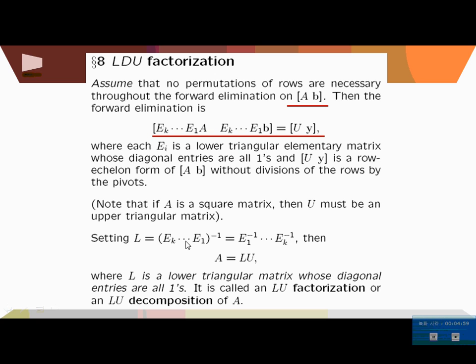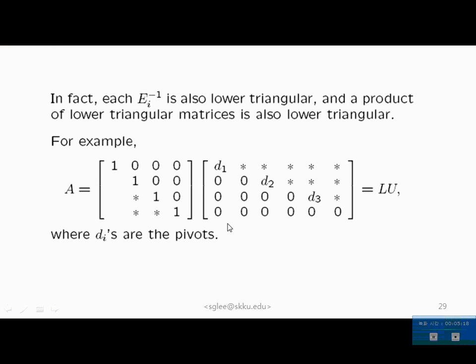So L inverse times A is equal to U, which means A can be written as L times U, where L is a lower triangular matrix and U is an upper triangular matrix. This is the whole idea of LU factorization.